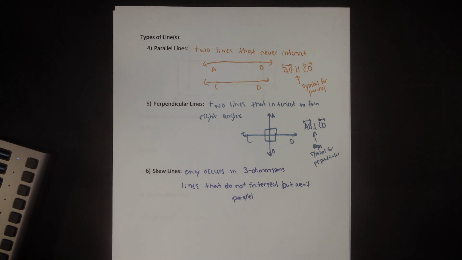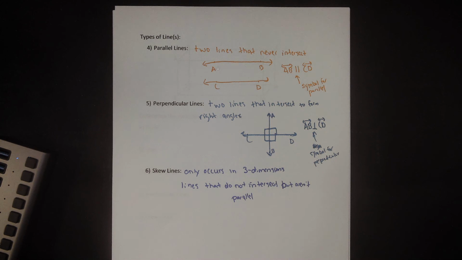So it's really hard to imagine, but if you're in a three-dimensional room, we're all in three-dimensional rooms, think of it as the line that connects the ceiling to the wall to your right, and then the line that connects the floor to the wall all the way behind you.